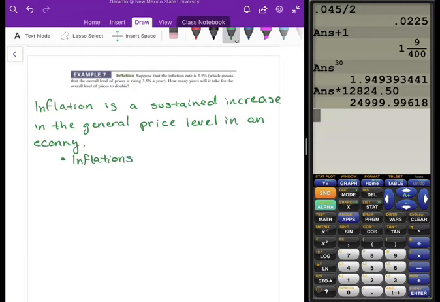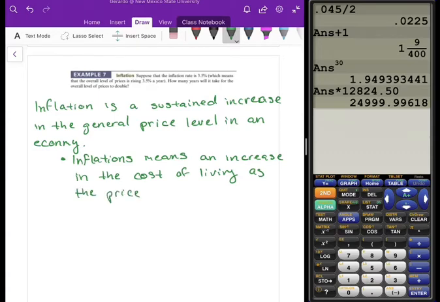To be more exact, I like this one more. Inflation means an increase in the cost of living as the price of goods and services rise.